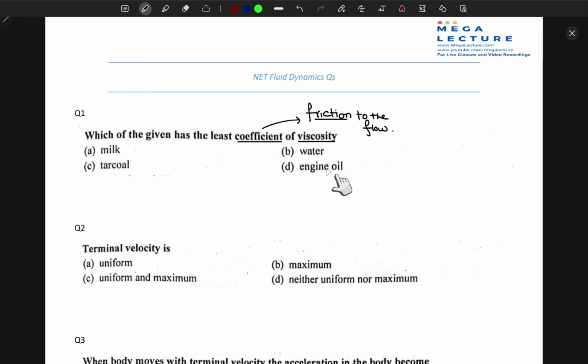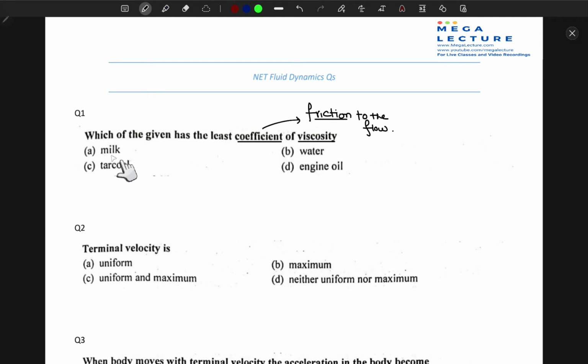So any oil, engine oil or any oil for that matter, has a significant amount of friction to its flow when compared with water. Similarly, if you pour milk into a glass and you pour water into a glass, you realize that the milk would pour with more friction, so it pours with more viscosity, right?